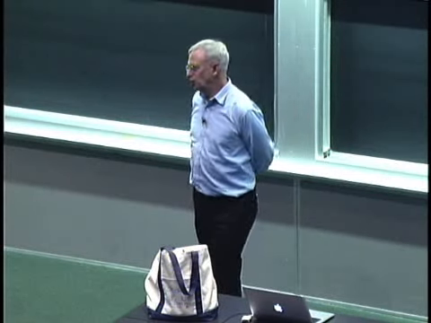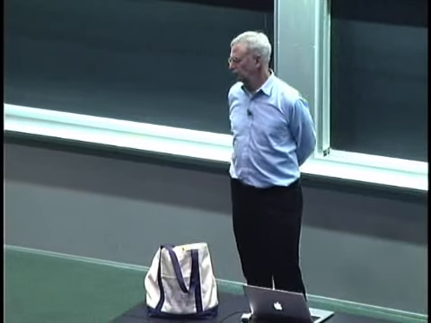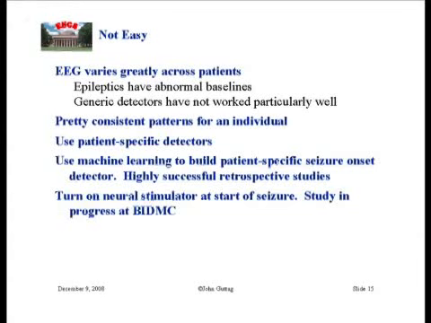Every EEG machine that gets shipped comes with a seizure detector, and the first thing most hospitals do is turn it off because it just doesn't work. The good news is that even though each epileptic's brain signals look different, once you've learned what an individual signal looks like, it's pretty consistent. Both the interictal, between seizures, and the start of the seizure.